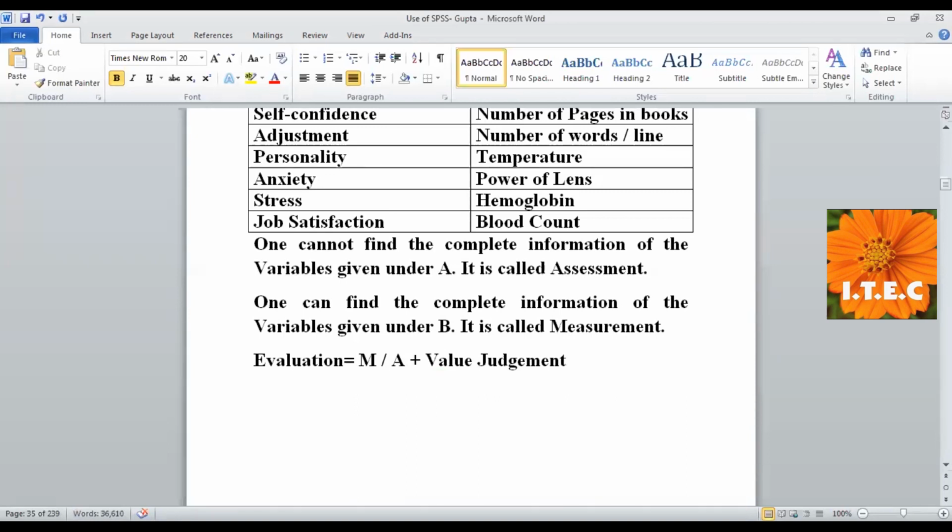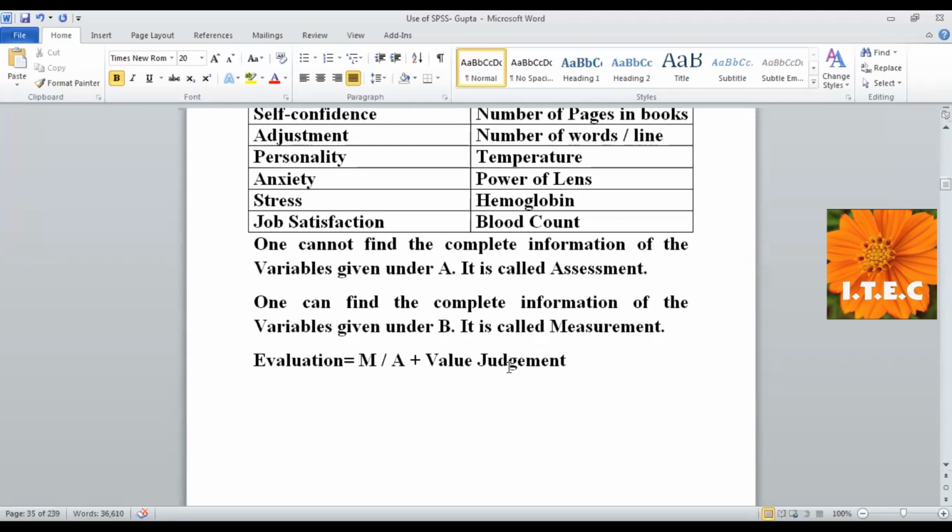Now, when you say that you are overweight, weight is your measurement, and when you say overweight, that is your value judgment, and that is your evaluation.